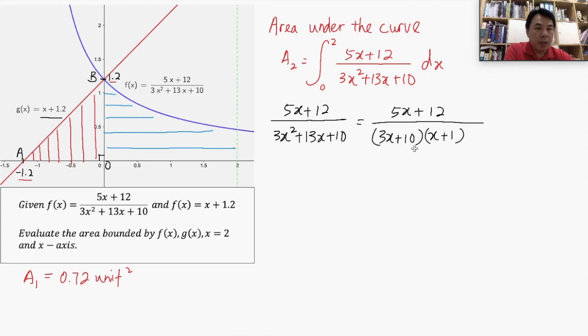All right, now next, the partial fraction. So we will let this 5x plus 12 equal to its partial fractions form.